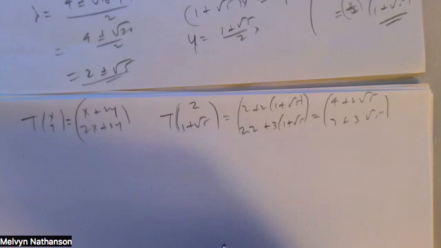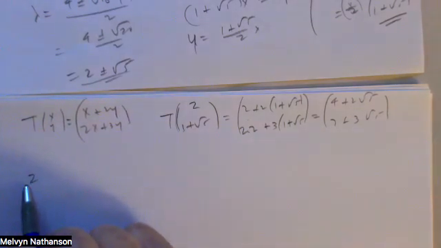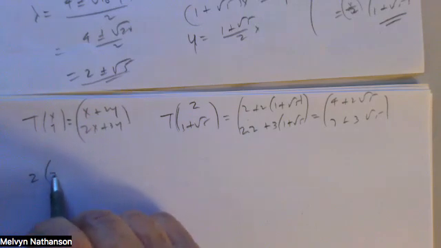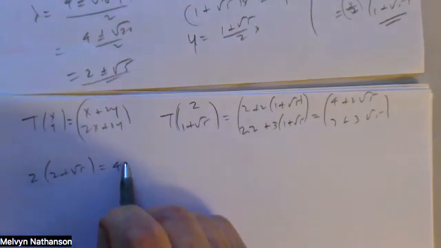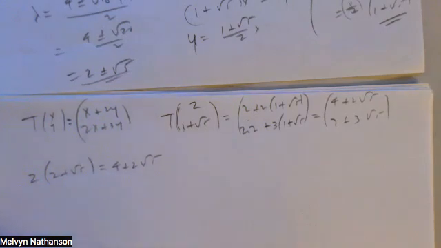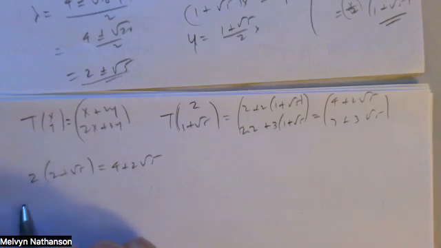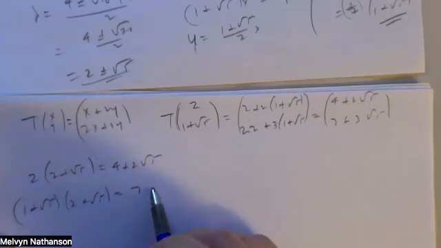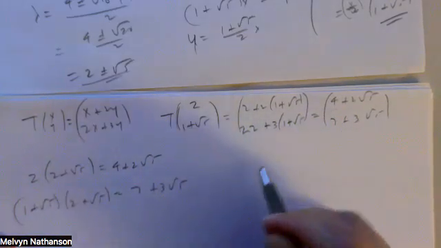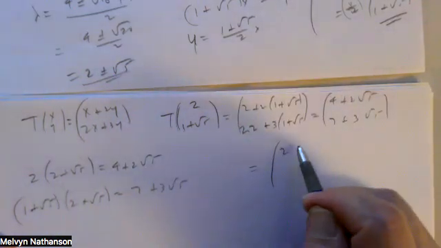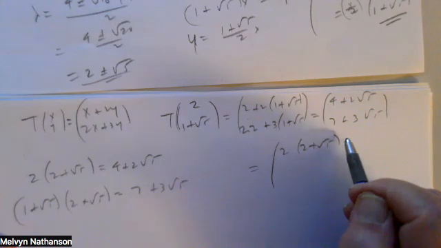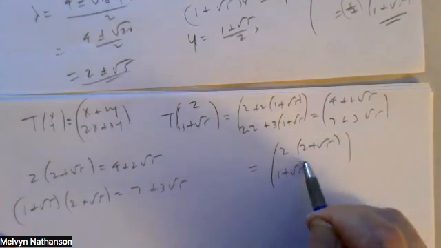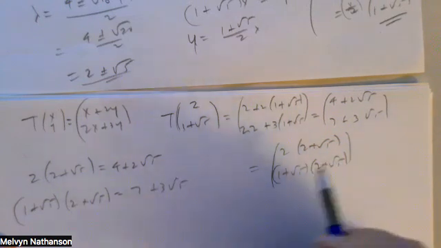What is that? Let's see. 2 times 2 plus root 5 is 4 plus 2 root 5. And 1 plus root 5 times 2 plus root 5 is equal to 7 plus 3 root 5. So what we have here is 2 times 2 plus root 5, and 1 plus root 5 times 2 plus root 5.